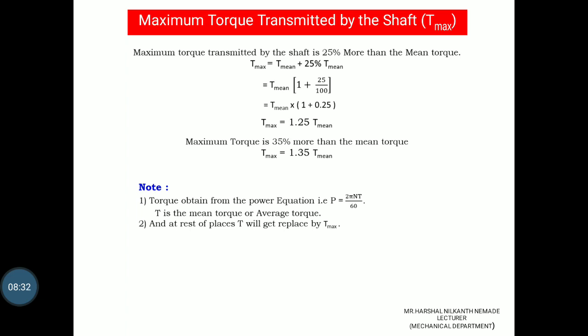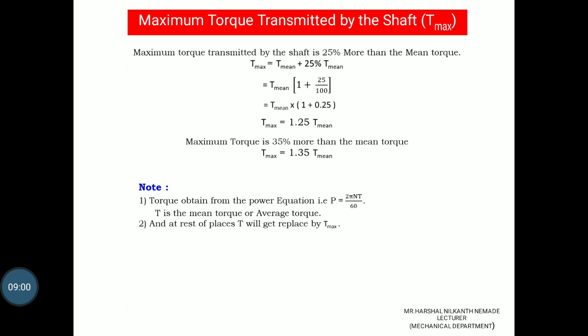Maximum torque transmitted by the shaft, Tmax. So again new formulas are there. Some sums say the maximum torque transmitted by the shaft is 25% more than the mean torque. So in the question, if they give that, the formula will be Tmax is equal to T mean plus 25% T mean.